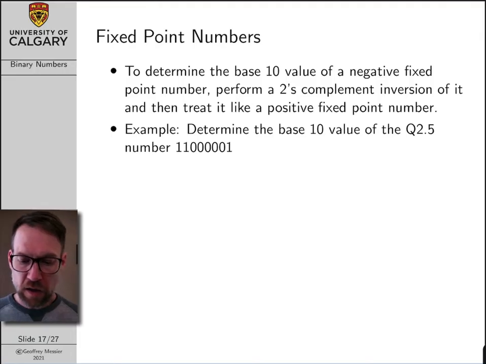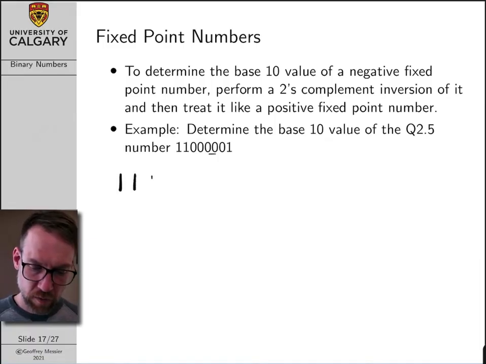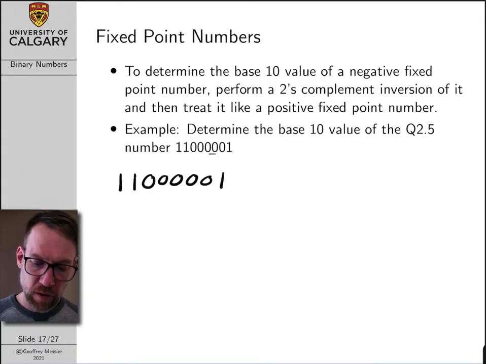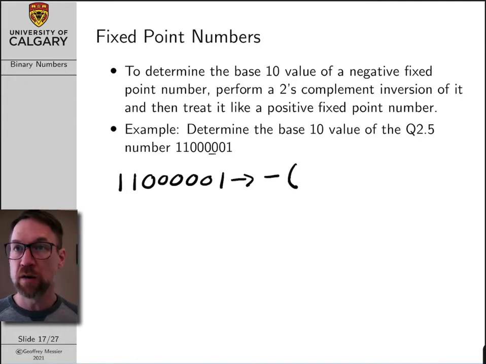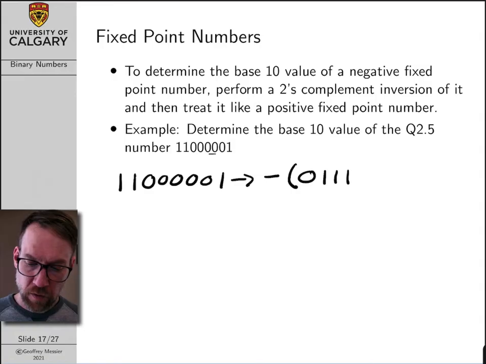So if we reverse our previous example to determine the base 10 value of the Q 2.5 number 1, 1, 5 zeros, and then 1, we then just treat this as the negative of the inverted number.